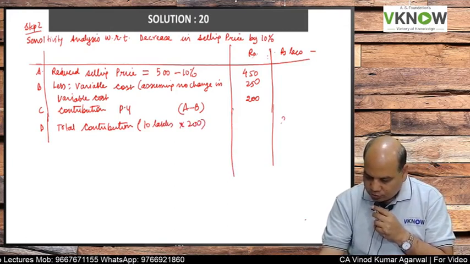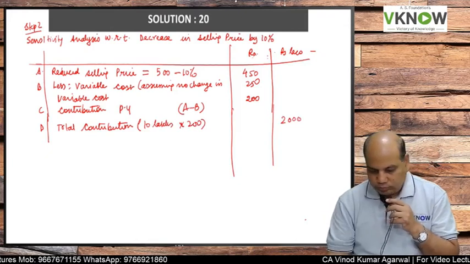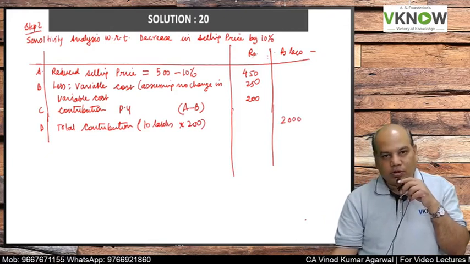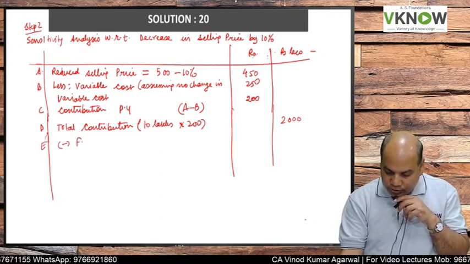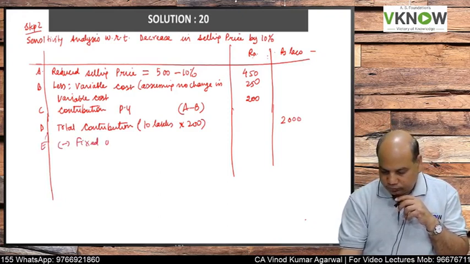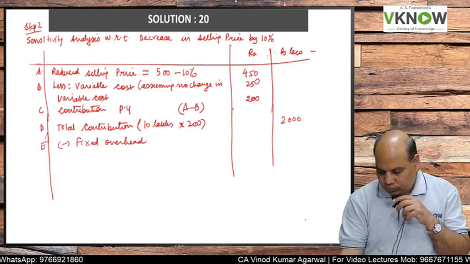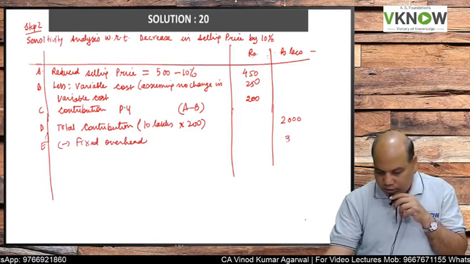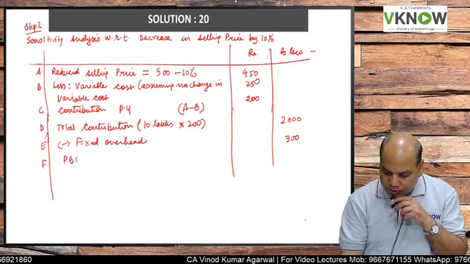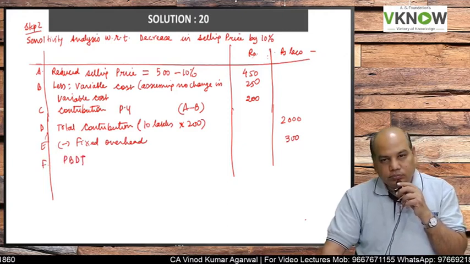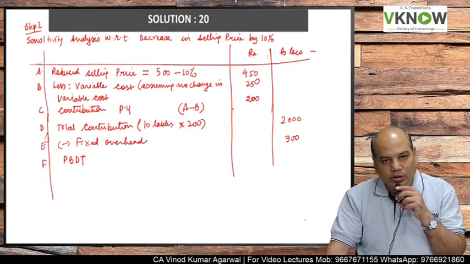So now you write in this column 2000 rupees in lakh column. Point E, write down less fixed overhead, that is 300. So point F, write down PBDT.